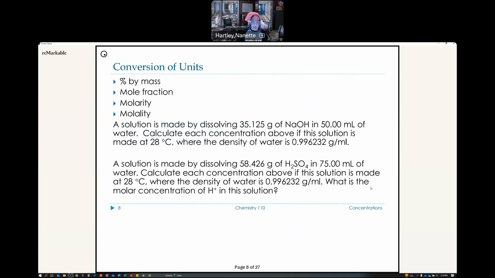Now, concentration units. Again, we talked about percent by mass, mole fraction, molarity, and molal. We can do some calculations here to move in between them. I put this here, and we could do this right now. I don't necessarily think that this is the best place to do this. And so I'm going to actually skip this for now. I'm going to put up this answer for you guys, but I really don't think that this is relevant until exam 3.